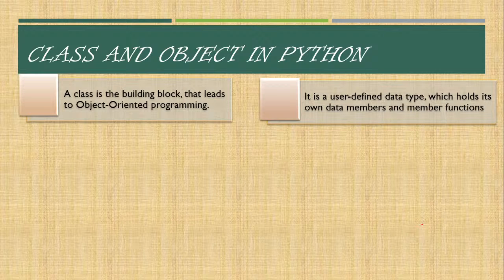If a user wants to have their own data types, they will need to create some classes. In this case student will also be a data type, and if we create another class for the instructors or the faculty, that will also be a different data type. So it is a user-defined data type which holds its own data members and member functions.